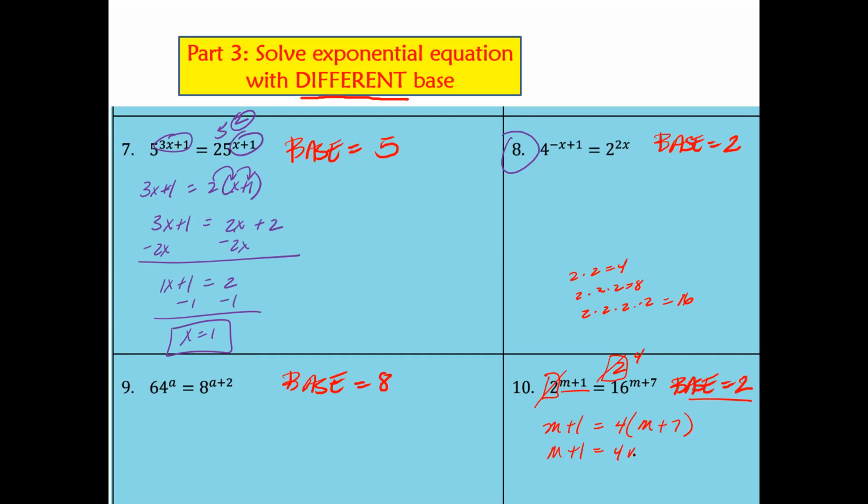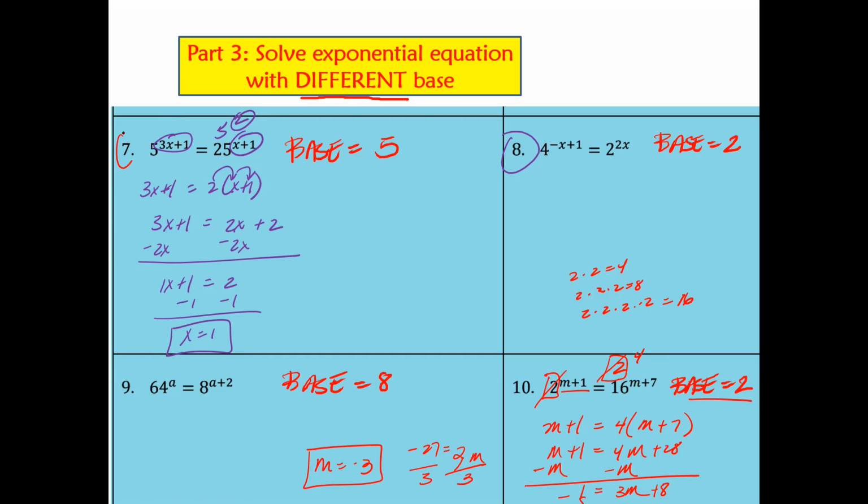M plus 1 equals 4m plus 28. Subtract the m on both sides, and you get 1 equals 3m plus 8. Subtract the 8 on both sides, you get 1 minus 8, which is a negative 7, equals 3m. Or I'm sorry, it's going to be a negative 27. There you go. And then, of course, when you divide it by 3, m is equal to a negative 3, and that is your answer.